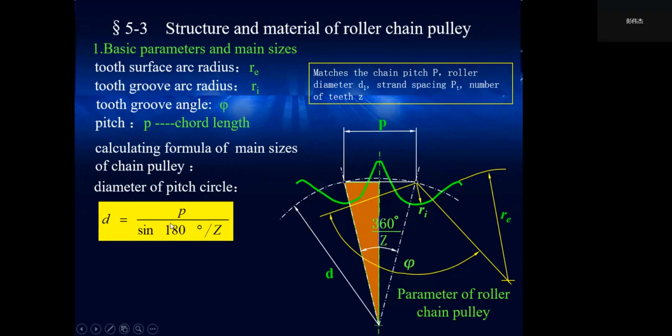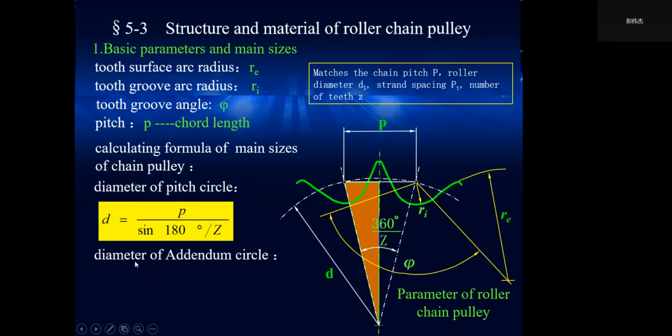So we can use this formula to calculate the pitch circle d. If we know the pitch P and the number z, we can calculate the diameter of the pitch circle.